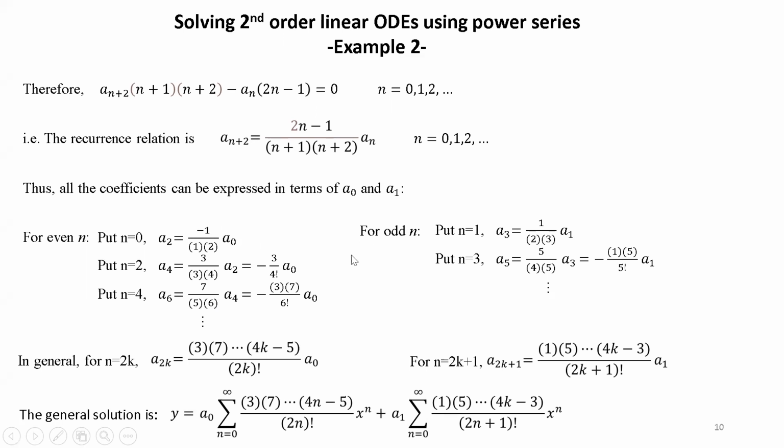Okay. Then from there, I find the general expression for this even coefficient, and then the general expression for this odd coefficient. Okay. And then this general solution, again, right, so it's a linear combination of two functions.